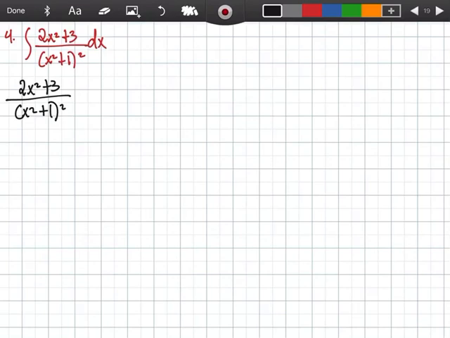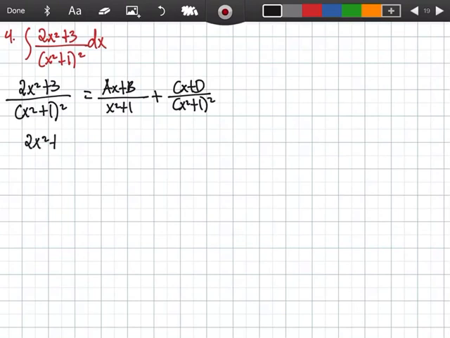So, we write it as ax plus b over x squared plus 1 plus cx plus d over x squared plus 1 squared. Okay? So, multiply both sides by the denominator, and it will cancel. 2x squared plus 3 is equal to ax plus b times x squared plus 1 plus cx plus d.